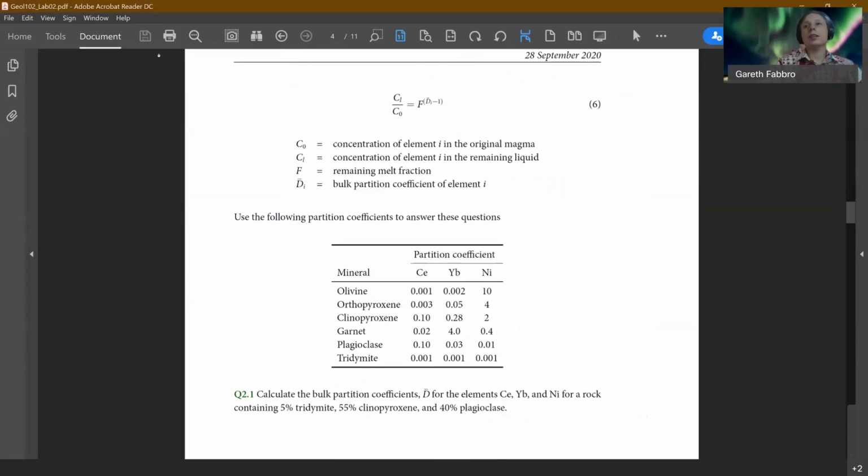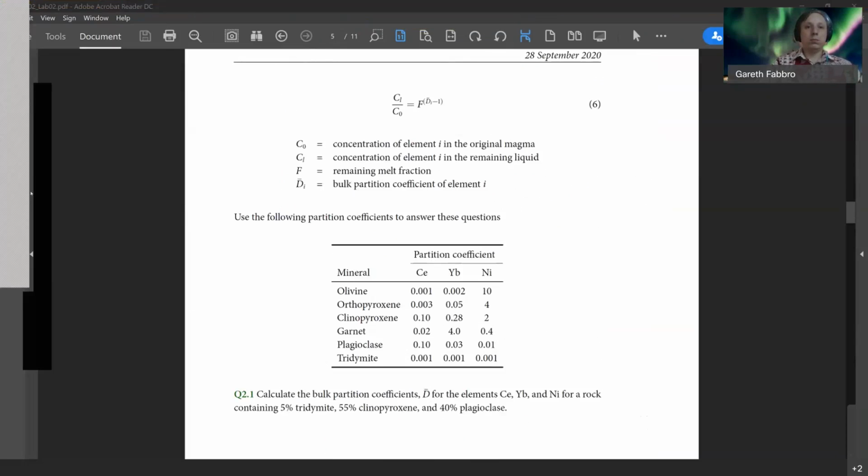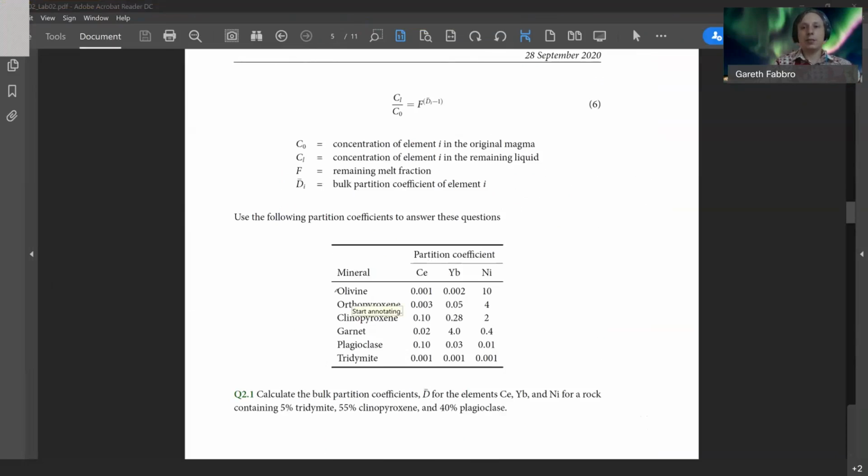So notice, you have your different minerals here. So they have different partition coefficients.